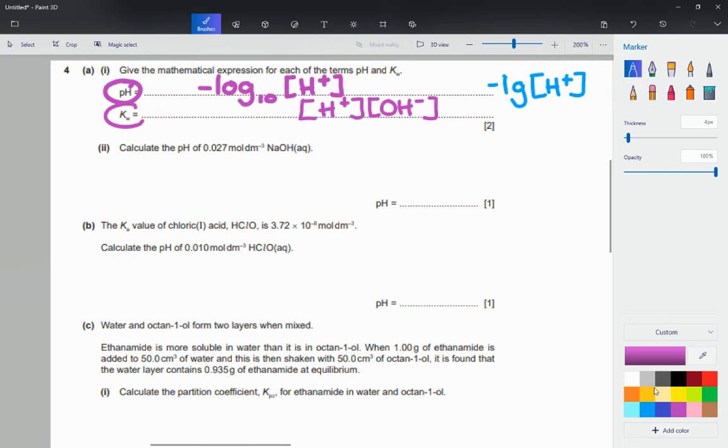Now, what you've got to do is look at part A, part 1, and think how much of that is useful to put into place for part 2. So do I need that? The answer is yes, you do need both parts.